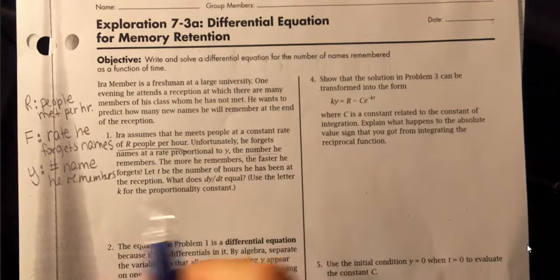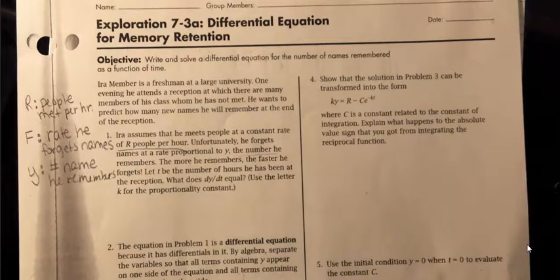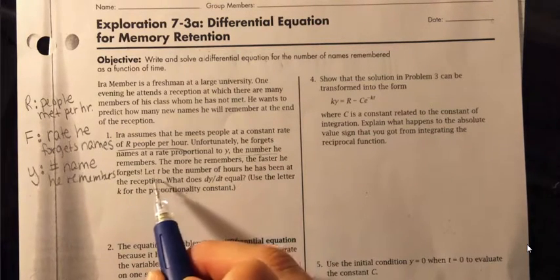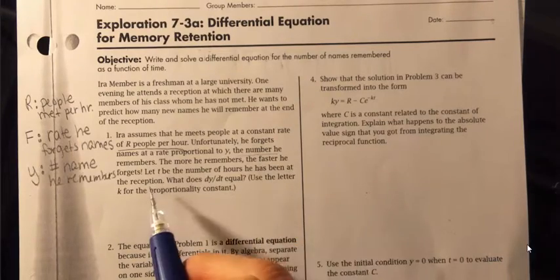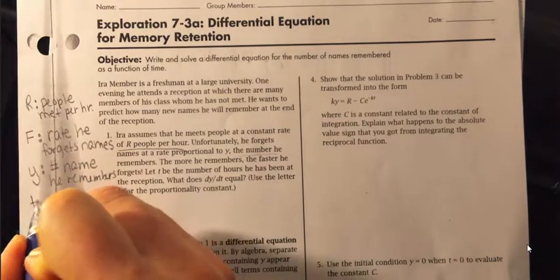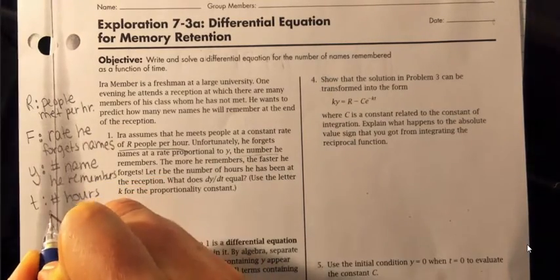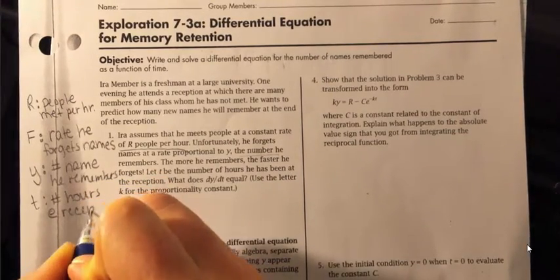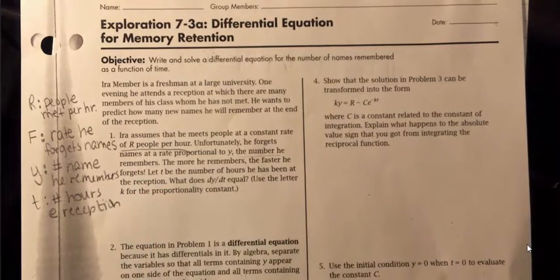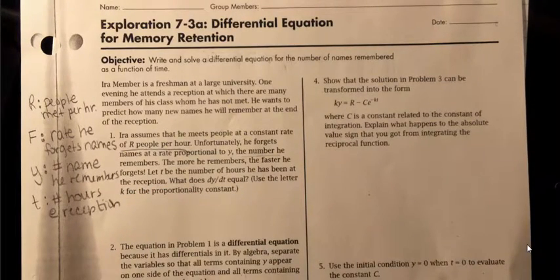Okay, so those rates are interrelated, right? One's dependent on the other. So let t be the number of hours he has been at the reception. Notice how I label all my variables so that they make sense, right? And so that I can go back and make sense out of this problem.